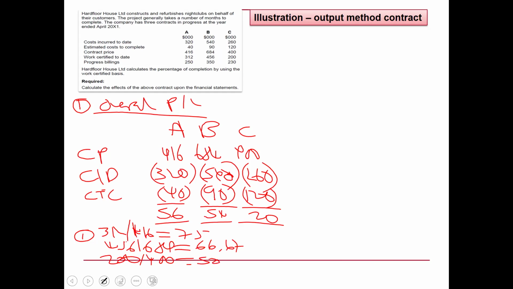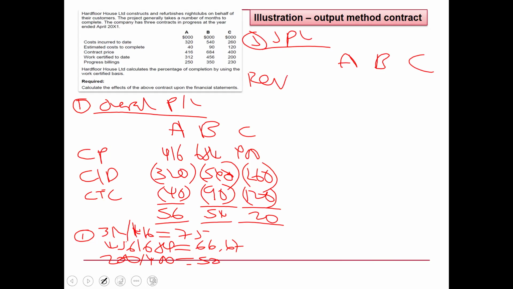That's step number 2. Step number 3, we go to our statement of profit and loss. So in our statement of profit and loss, we are then going to say contract A, B, and C. We determine our revenue. So we are saying 75% through to complete a contract with 416.